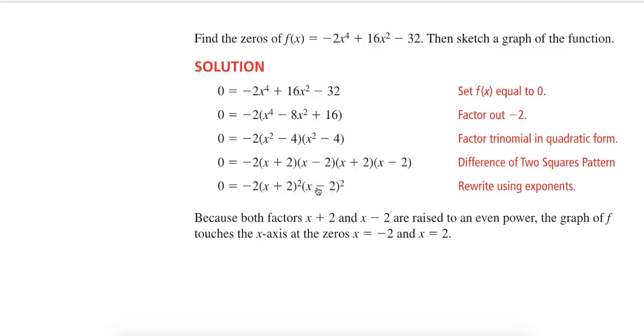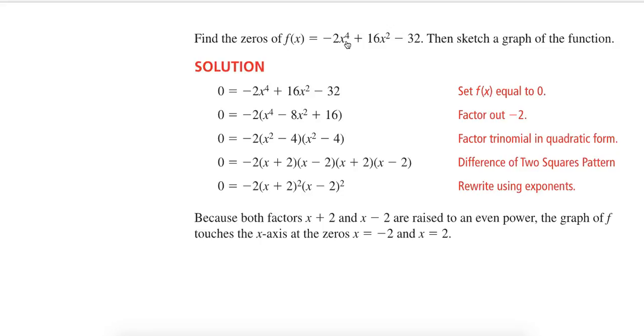So we've got 2 points where our graph is going to touch the x-axis but never go through it. Now, we want to use some other information to see what our graph is going to look like. This goes back to the 4.1 information. We see that this expression is to the 4th degree, which is an even power. If you don't remember, go back and review section 4.1.